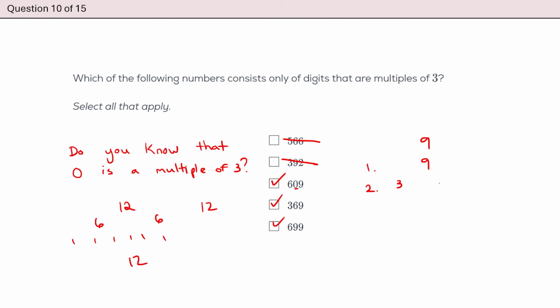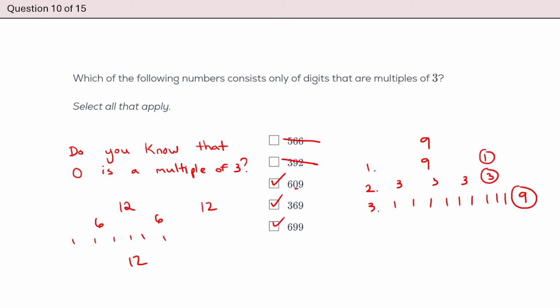Sure, 3, 3, 3. Can we divide it into 9 groups? Sure, nine 1s. So that means it's a multiple of 1, a multiple of 3, because 3 groups, and a multiple of 9. Can we divide it into 0 groups? Yeah, I think so. That's one way to think about it.